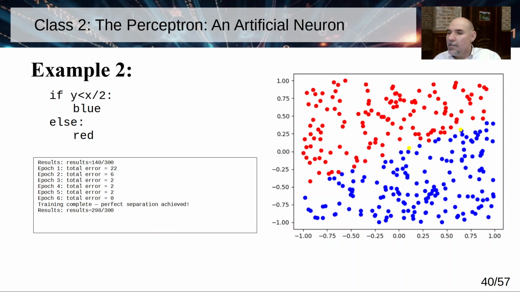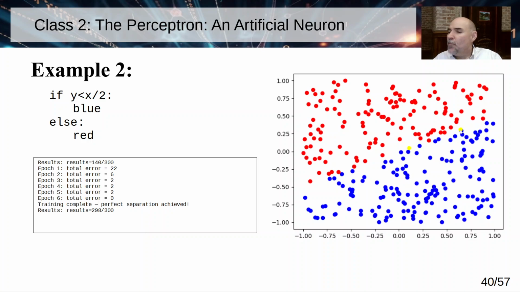And you'll notice that it converged after only 6 epochs. It got perfect separation, and it got all of them but 2 when it did the novel data it had never seen before. And you can see the 2 that it missed. They are right along the line. Yellow here, yellow there.